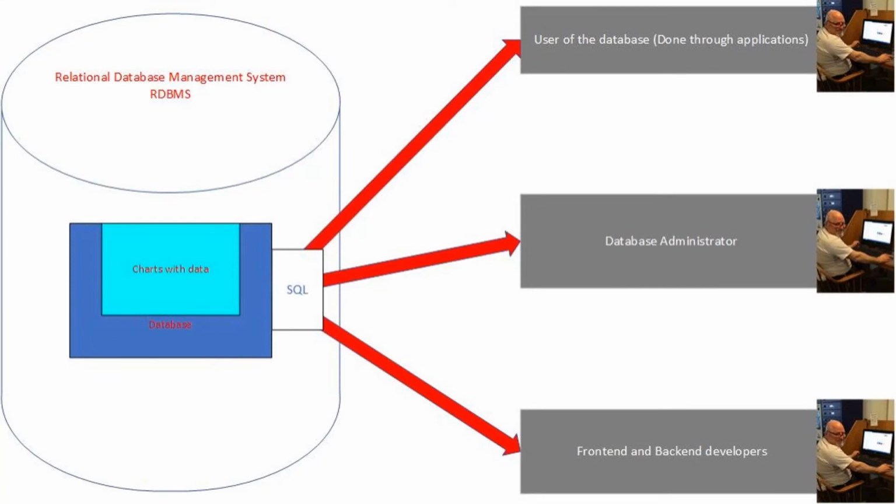And the last category we've got here is the developers, and you can see that I've written front-end developer and back-end developer. Now, you could split this into two categories, but I've chosen to keep it in three categories for the entire database just to make it simple. So, a front-end developer is the person that works between the database and the user.